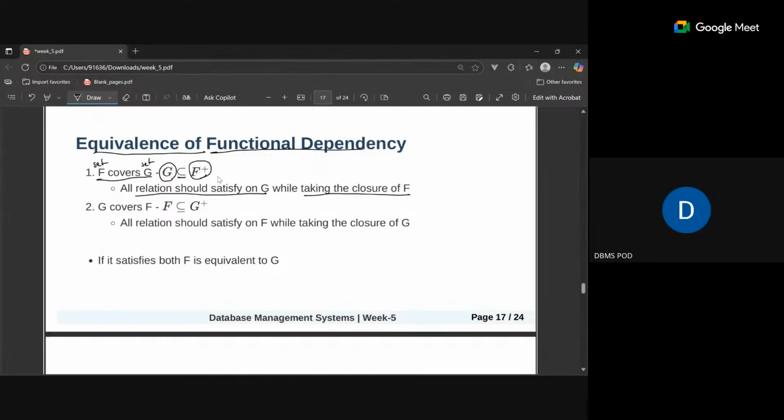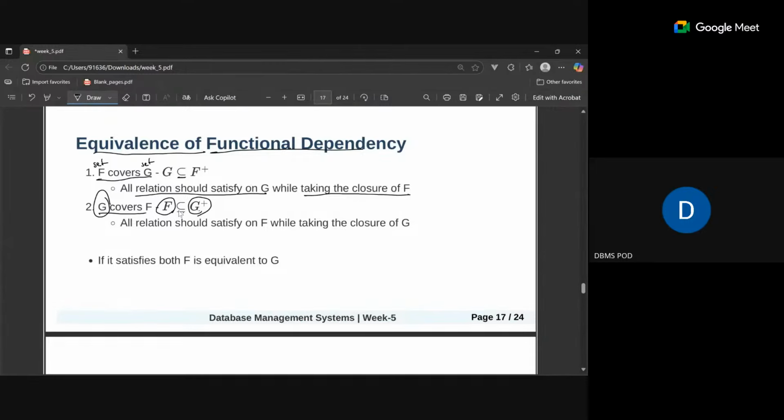So I can symbolically represent it in this way. And G covers F. This F is a subset of G. Whatever comes on the left side can be a superset, and whatever comes on the right side should be a subset.